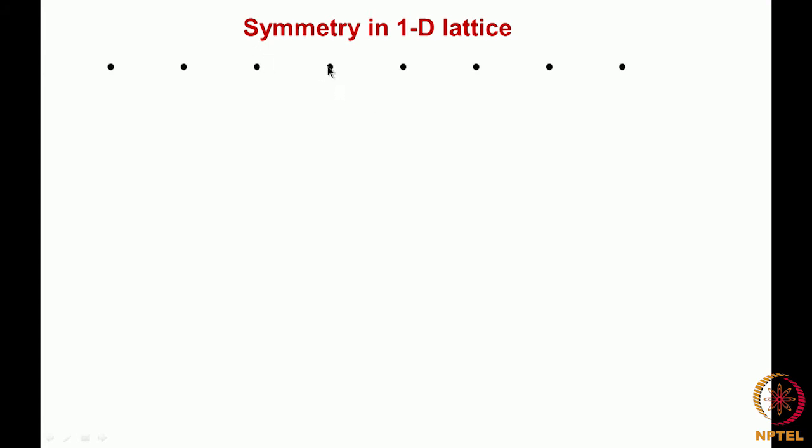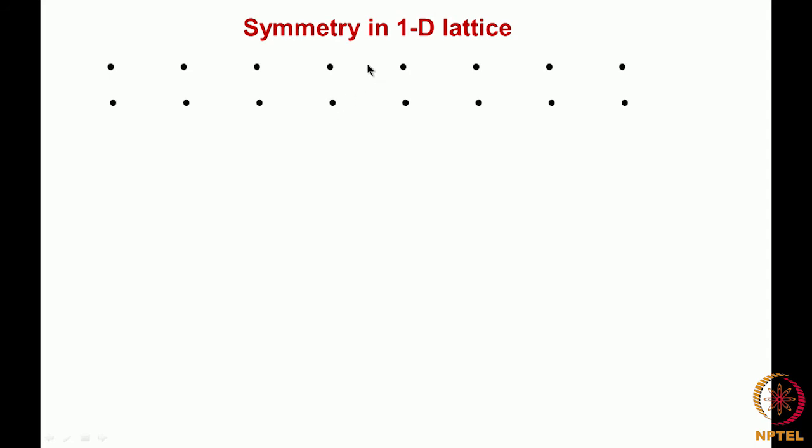Suppose I rotate it around this by 360 degrees. It comes back again to the original position. Though we have given a 360 degree rotation, the present position and the earlier position, we are not able to distinguish them. In mathematical terms, this is called invariant. Whatever you do, it remains, it appears the same. Similarly, around this if I give a 180 degree rotation, it will come back again to the same position.